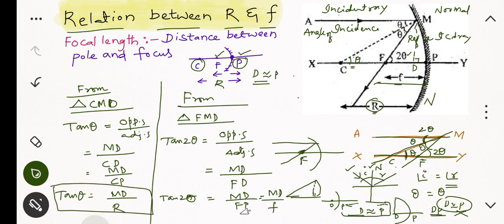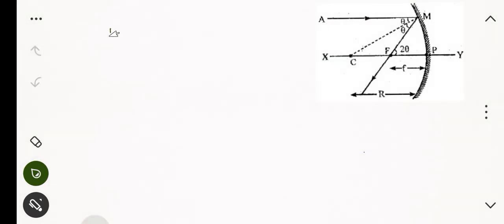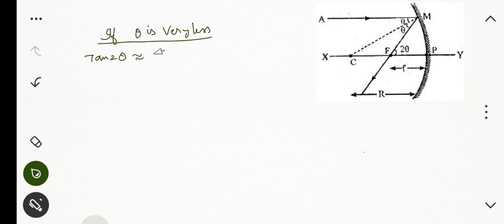We have derived two expressions. First one is tan theta is equal to MD by R, and tan 2 theta is equal to MD divided by f. If theta is very small, then we can write tan 2 theta is approximately equal to 2 theta, and tan theta is approximately equal to theta.